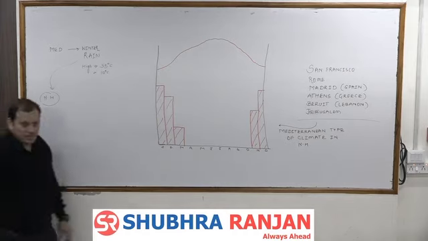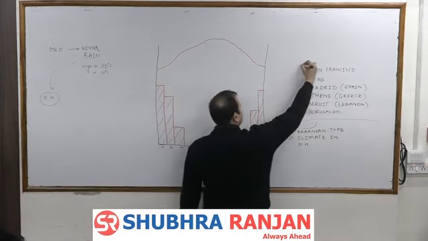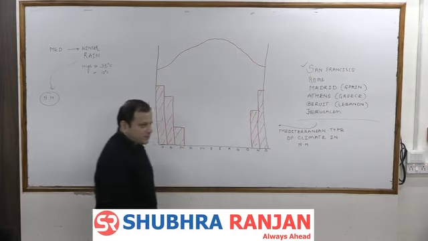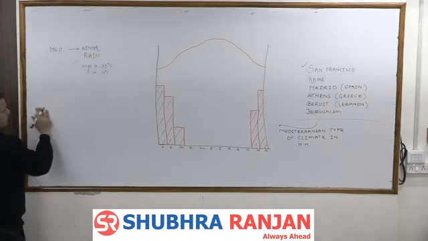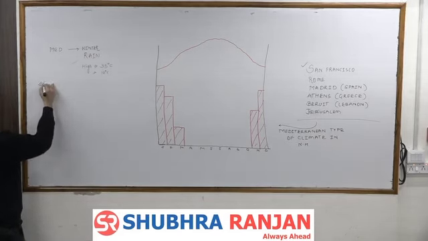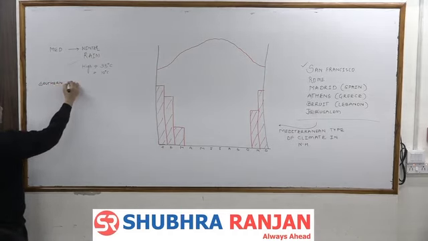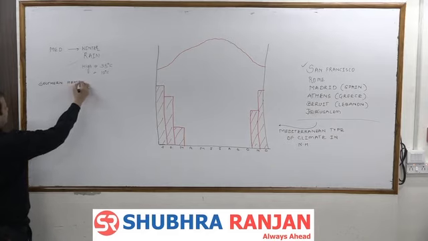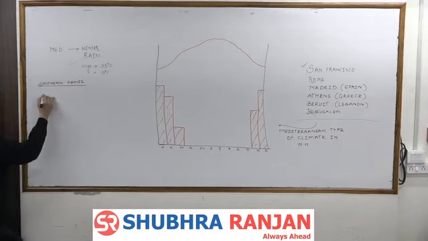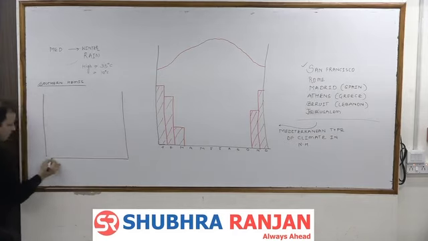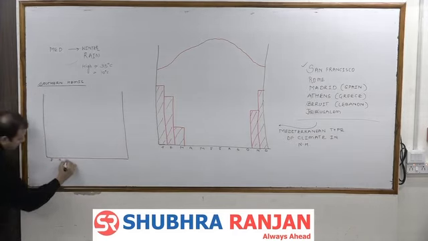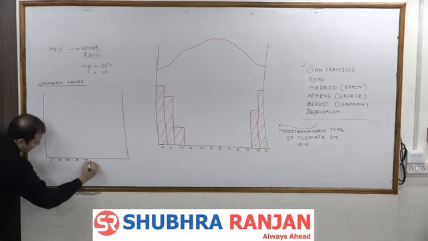So the most commonly asked question, as I told you, is San Francisco. Now in the southern hemisphere, the chart: Jan, Feb, March, April, May.